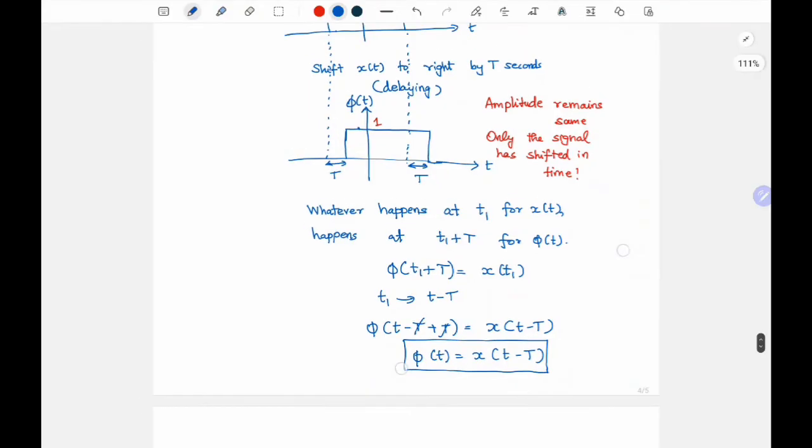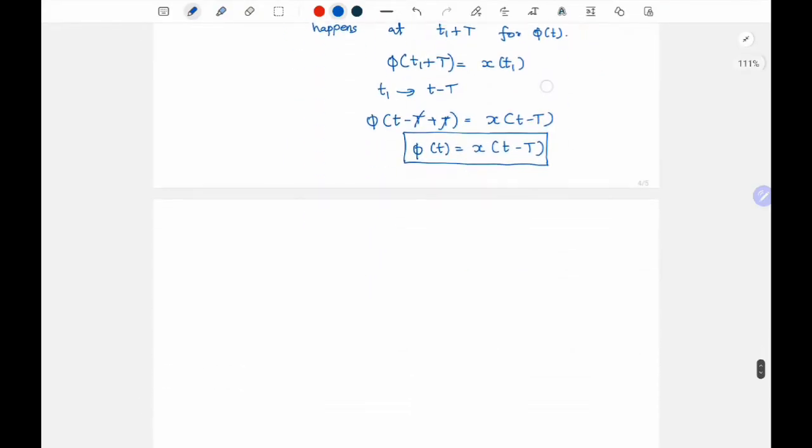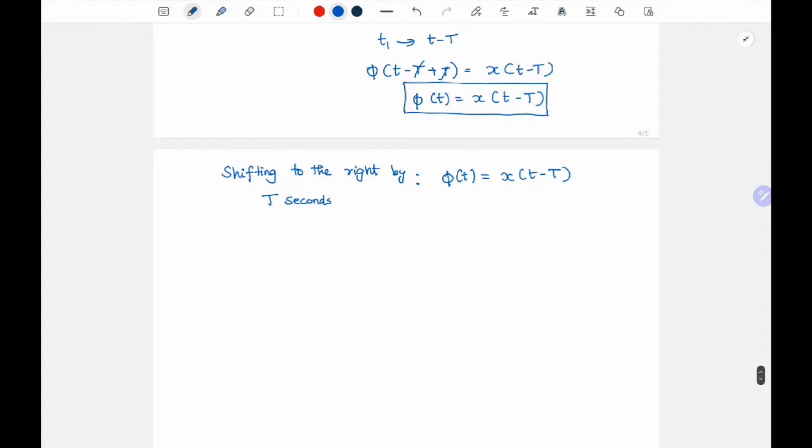So now you can guess what shifting to the left looks like. I'll just summarize here. Shifting to the right by T seconds, I have phi of t equal to x of t minus T, right? You can also observe that if capital T is equal to 0, then it is nothing but the same signal x of t itself.